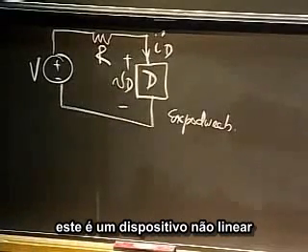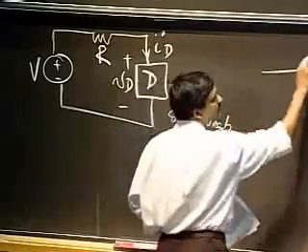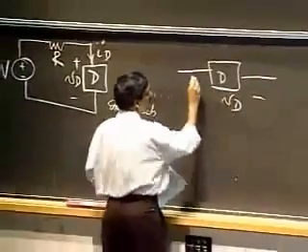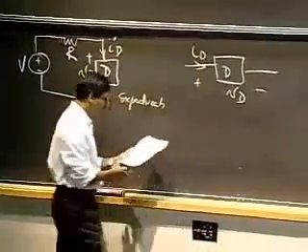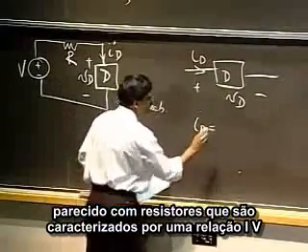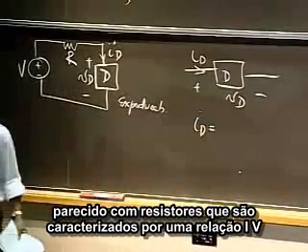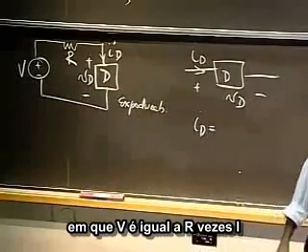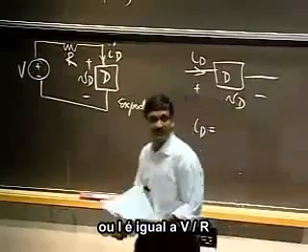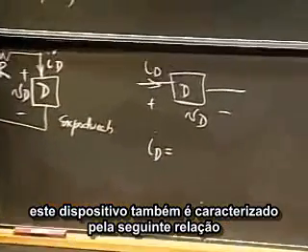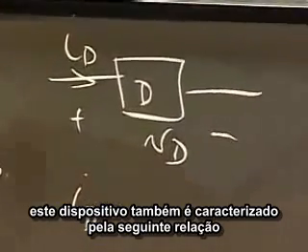So this is a nonlinear device, and this device is characterized by the following equation. Much like resistors were characterized by an IV relation, V is equal to IR, or I is equal to V divided by R, this device is also characterized by the following element relationship.